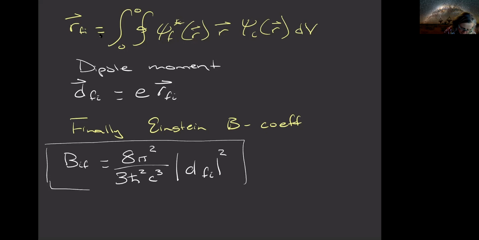And this is a key result. So I'll put it in a box. So it tells us that the Einstein coefficient for the transition from an initial state to a final state is related to the wave functions of those two different states.